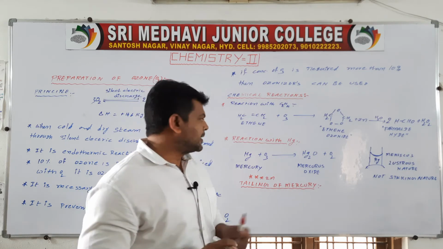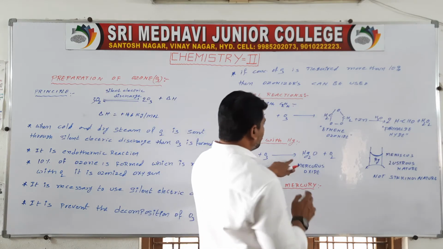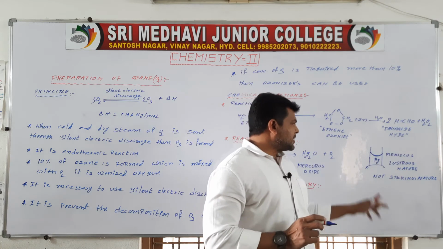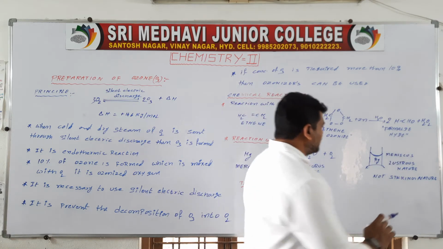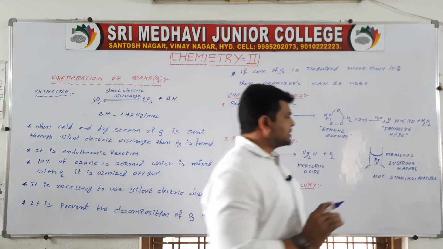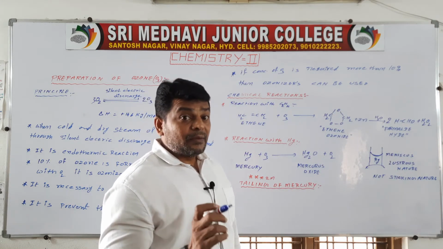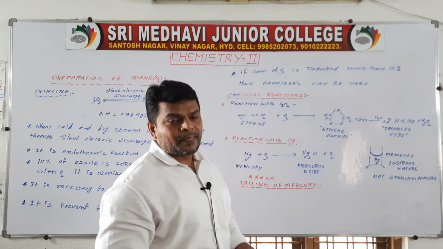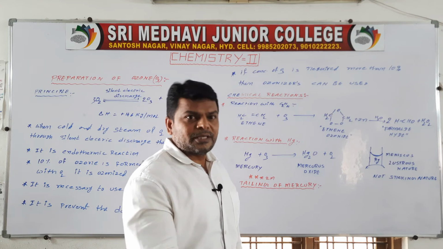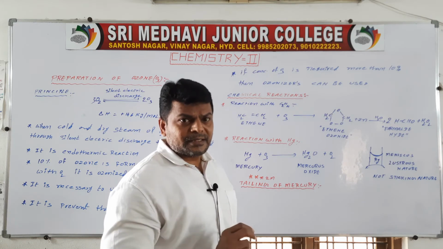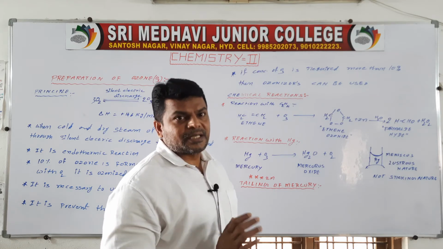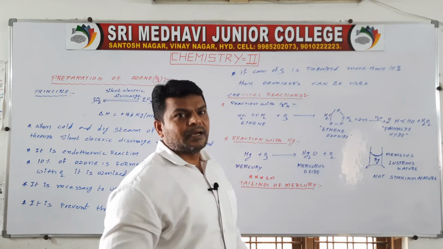Okay, see here, mercury has a meniscus, a lustrous nature and a non-sticking nature. When mercury reacts with ozone, it forms mercurous oxide, which loses its meniscus and its lustrous nature, and it sticks to the glass.